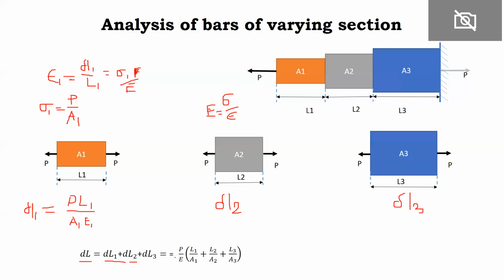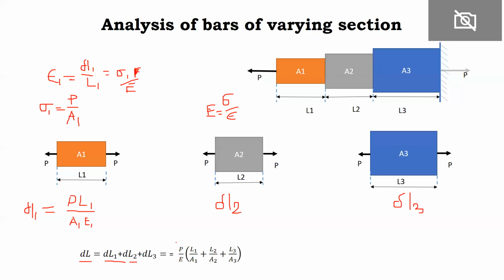We are assuming that the entire structure is made up of the same material, so they have the same Young's modulus, and the same load is acting over section 1, section 2 and section 3. Therefore we are taking this as common: P by E is equal to L1 upon A1 plus L2 upon A2 plus L3 upon A3.